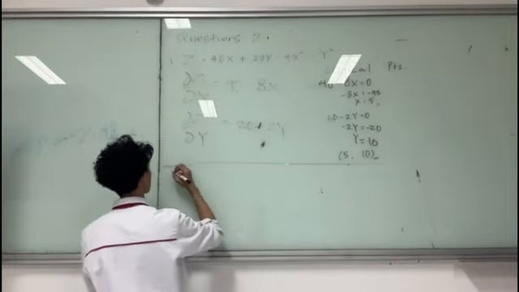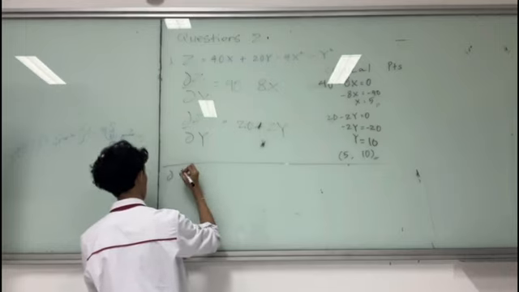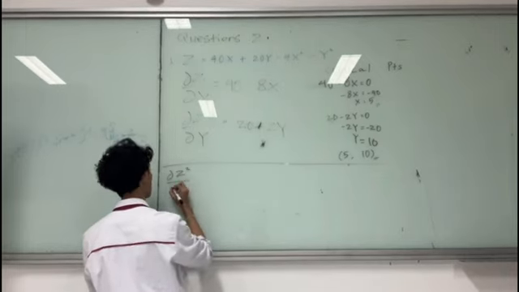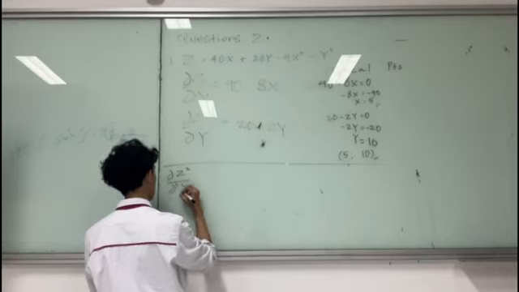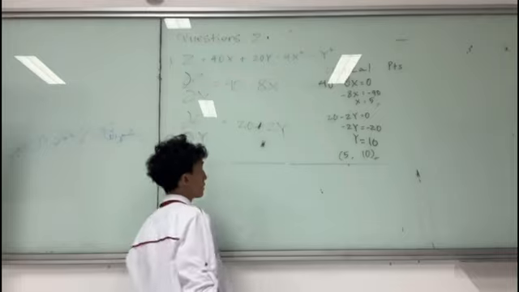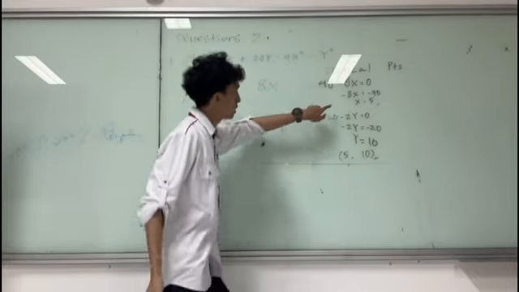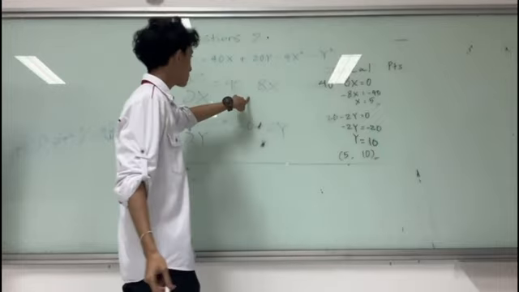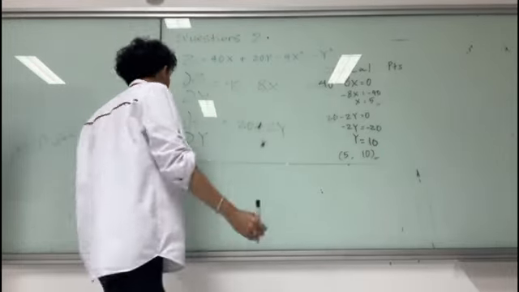For the second derivative, it's going to be like this. How to do the second derivative is just to take the derivative of this, 14 minus 8x.